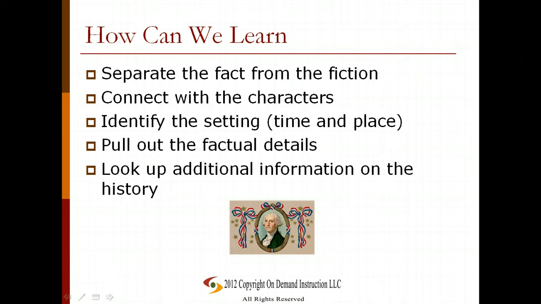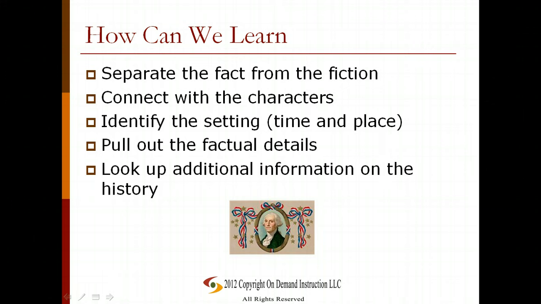How can we use historical fiction to learn? One of the things that we need to do is to be able to separate the fact from the fiction. Historical fiction will include both fact and fiction, and you need to be able to tell what is what. Another thing that you can do is to really connect with the characters. Typically, the characters are true people, although in some historical fiction stories, such as Johnny Tremain, many of the characters are true people, and some of the characters are not true people.